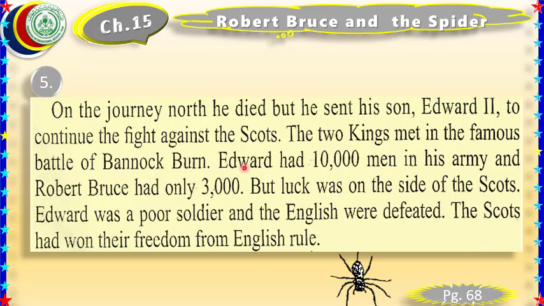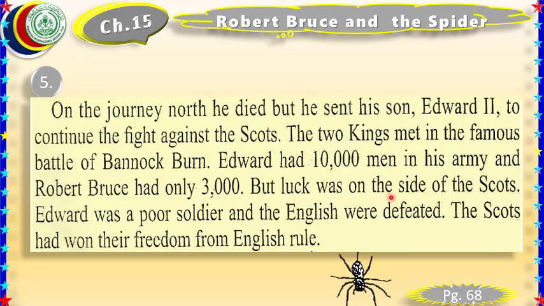Edward II had 10,000 men in his army, and Robert Bruce had only 3,000 men. 3,000 is a fewer number of soldiers than 10,000. Robert Bruce is fighting the English army with 3,000 soldiers, and the English army had 10,000 soldiers.